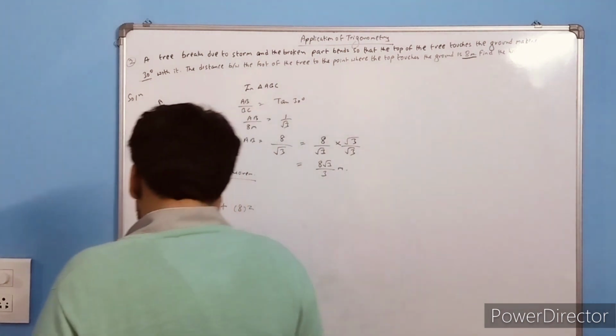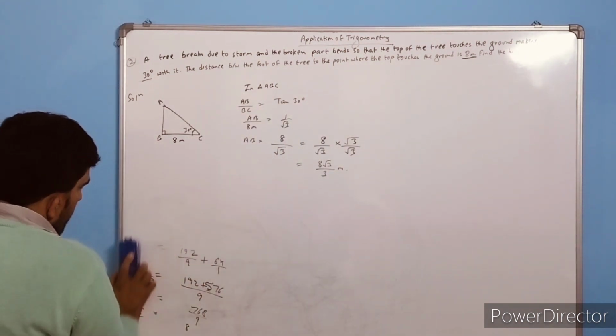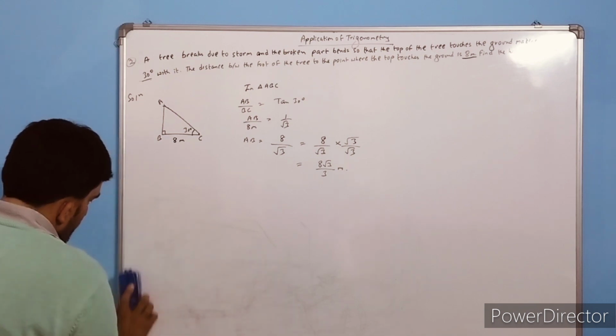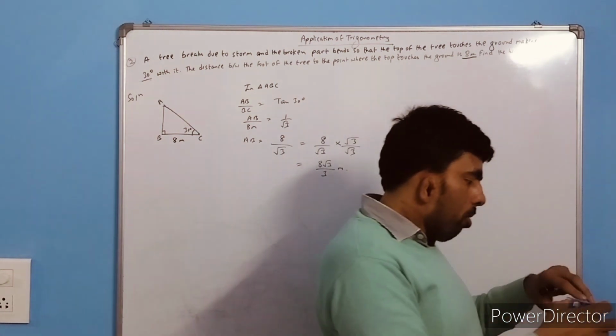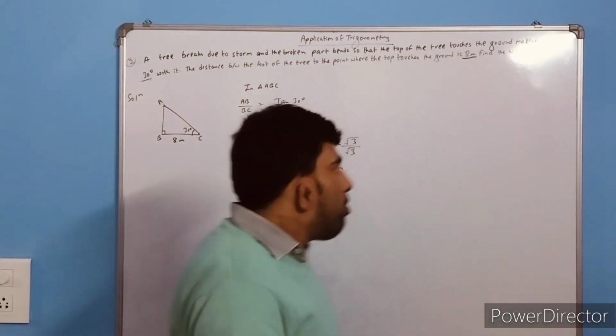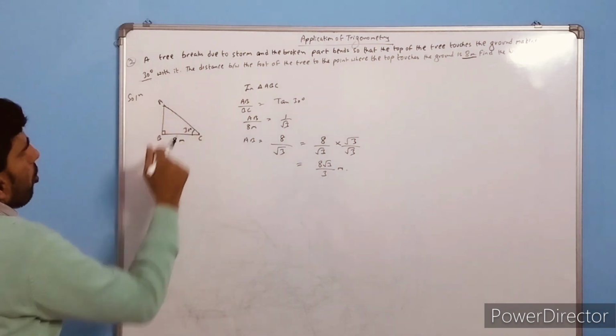Okay. That we have learned about this Pythagoras theorem, because in previous chapter, we learned that in order to find one side, you need to apply the Pythagoras theorem. Here we can use this also.